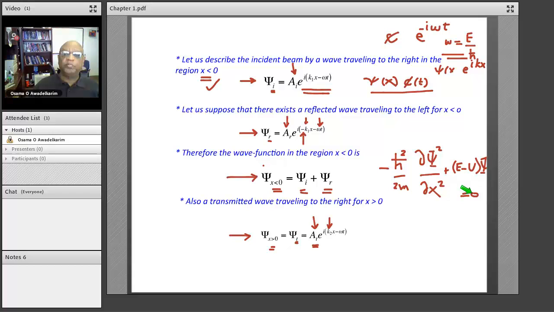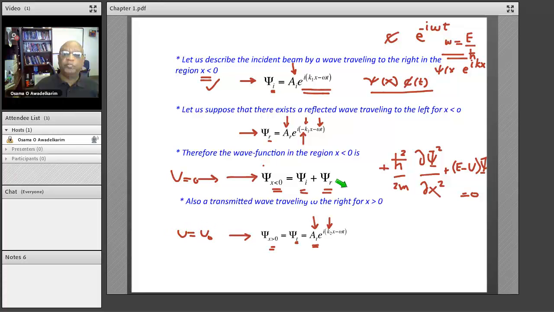In fact, this is plus here, since I have everything on the left-hand side. Now, on the left-hand side, U is equal to 0. I don't have any potential. On the right-hand side, U is equal to U naught.